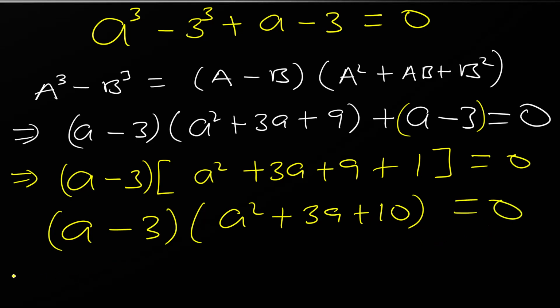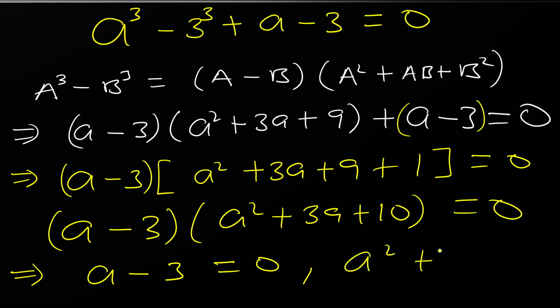So let's apply the zero product. a minus 3 equals 0, or a squared plus 3a plus 10 equals 0.